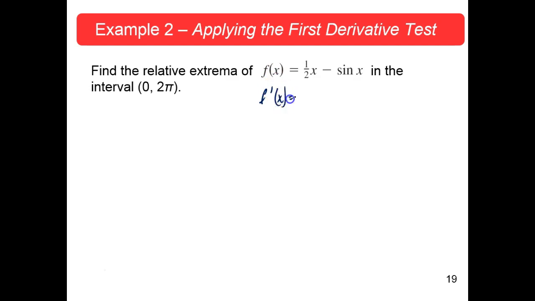Okay. f prime of x is what? One half minus cosine x. There it is. Pretty easy derivative to take. Now, why did we take a derivative anyway?